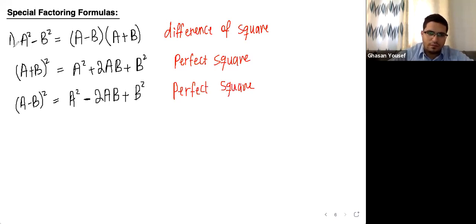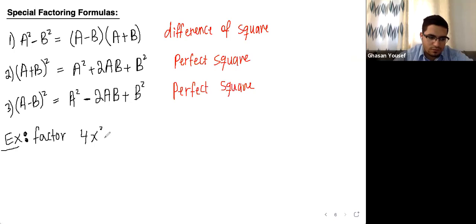It's 1, 2, 3. Now we're going to use these 1, 2, and 3 formulas again for factoring. For example, factor 4x squared minus 25. How can I factor this one by using these special factoring formulas?